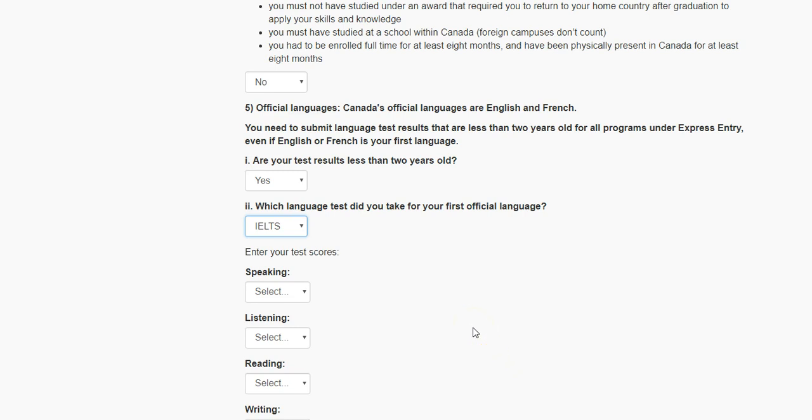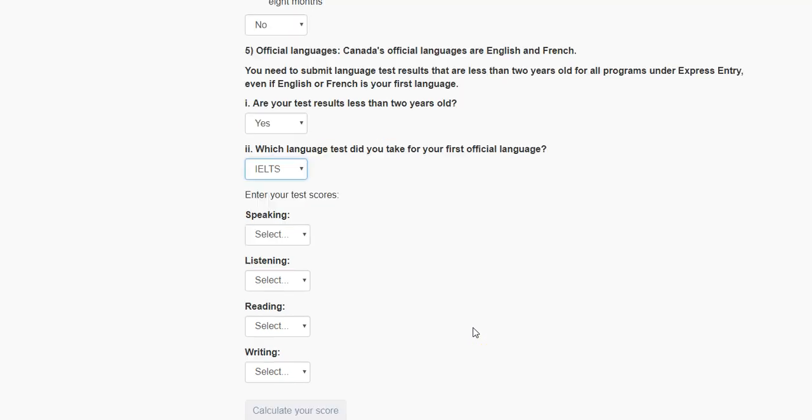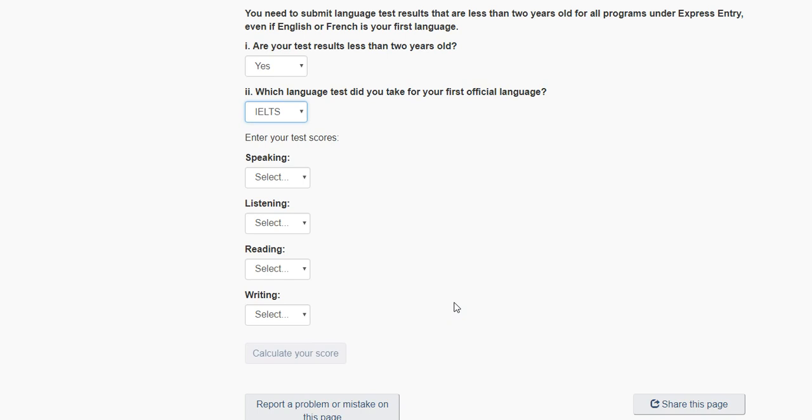Then it's going to ask me for the test scores. If I already have them, I should be able to find them in the document I got from IELTS. Let's say I got a 7 in speaking. Listening, I like to listen a lot, so let's mark an 8.